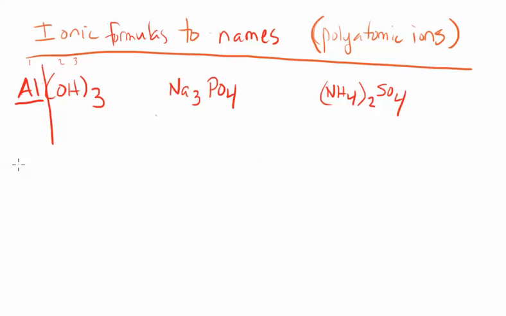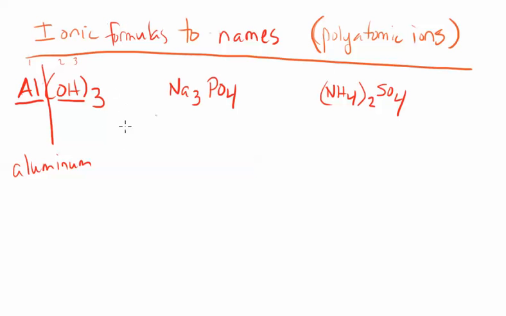Al is just aluminum, because remember, the positive ion is just the name of the element. And then here we have oxygen and hydrogen. So this has to be our negative ion, and since it has more than one element in it, it's got to be a polyatomic ion. So you find OH on your ion sheet.